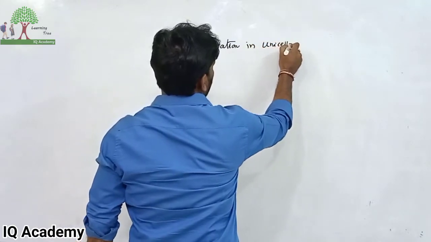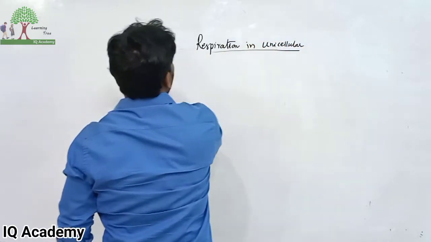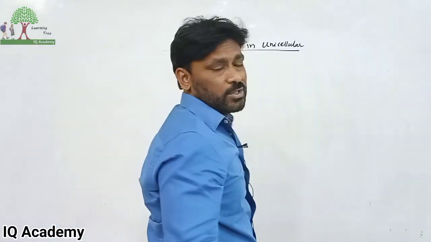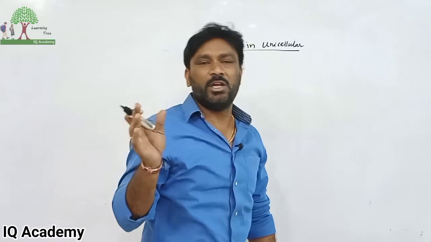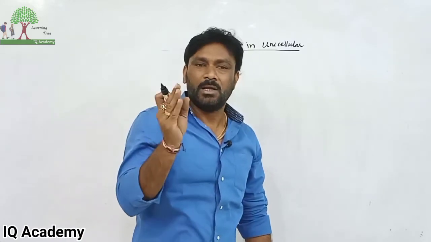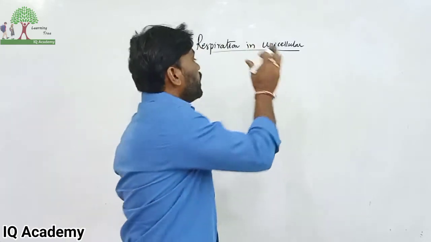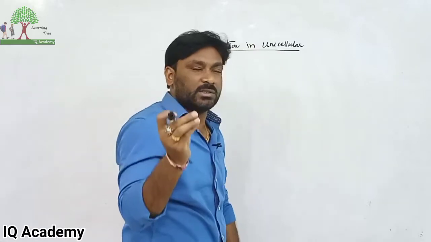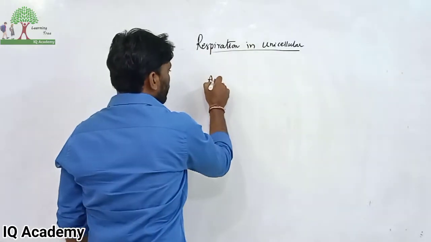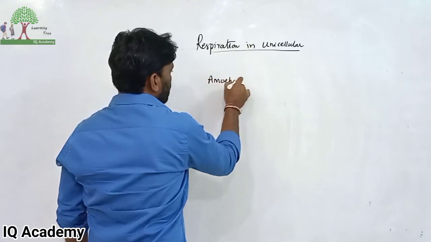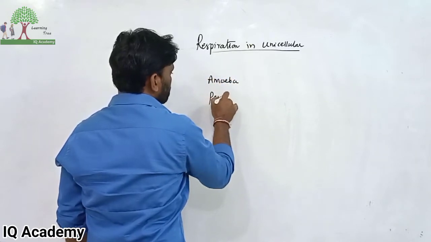Unicellular means single-celled organisms. As our body is made up of many cells, in these organisms all the functions take place through this single cell only. Take an example of amoeba and paramecium.